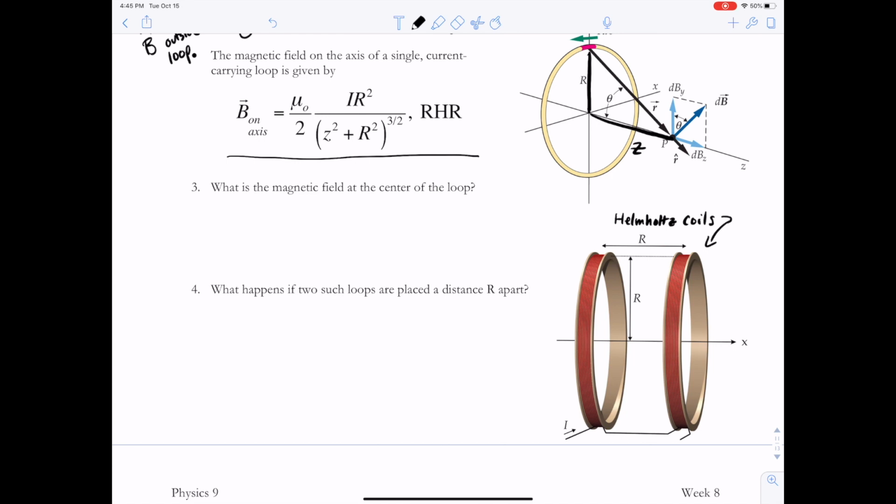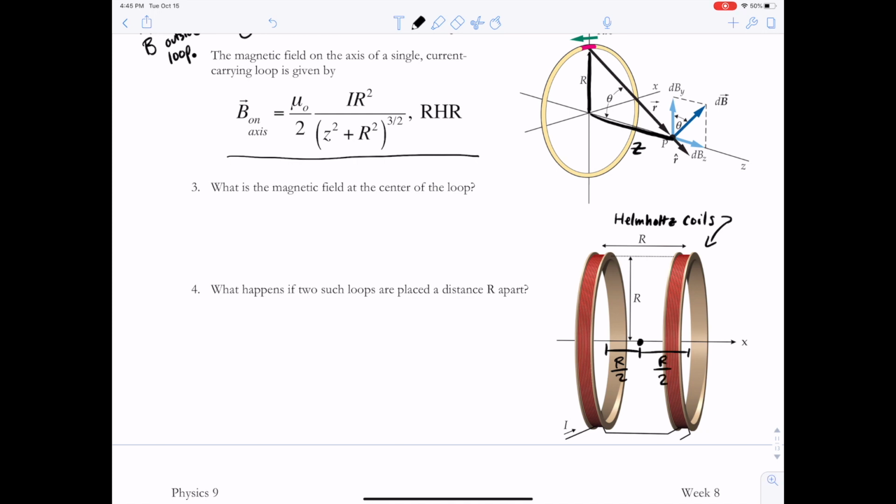So what we'll need is to know the magnitude of the magnetic field directly in the center between those two coils. Notice in the figure the two coils are separated by some distance r, and each one has a radius of r. The point exactly in the middle would be a distance of r over 2 from each of the coils.